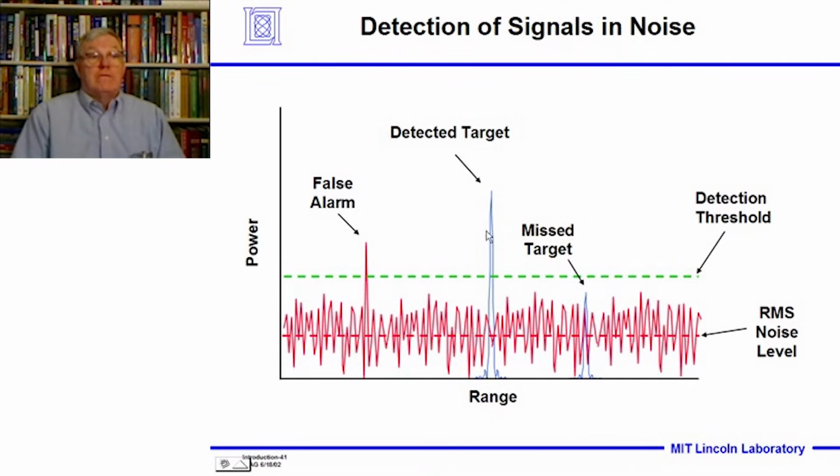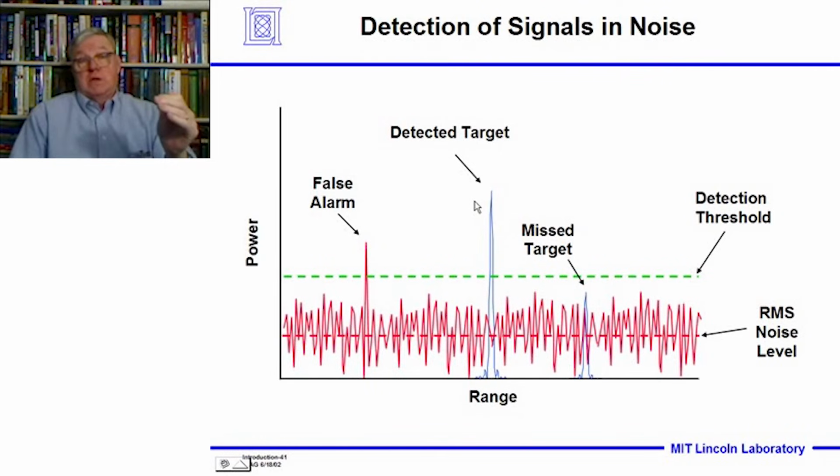And here we have a target detected, and over here in blue we have a weak target that was really there, but it was below our threshold, and we missed it. In fact, all targets you're going to learn about don't have a steady return.